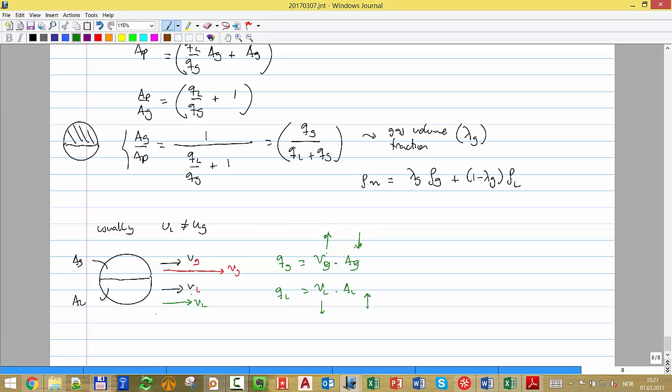So at the end you end up with slip if the gas travels faster than the liquid. Let's repeat that figure.